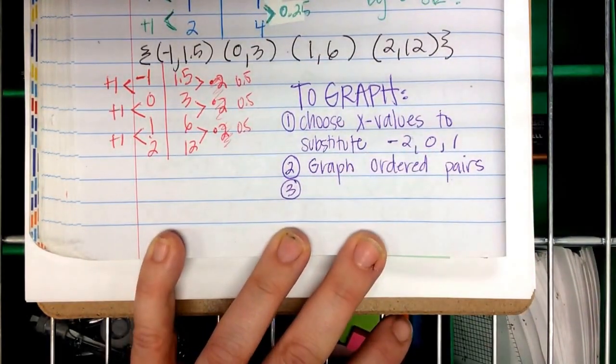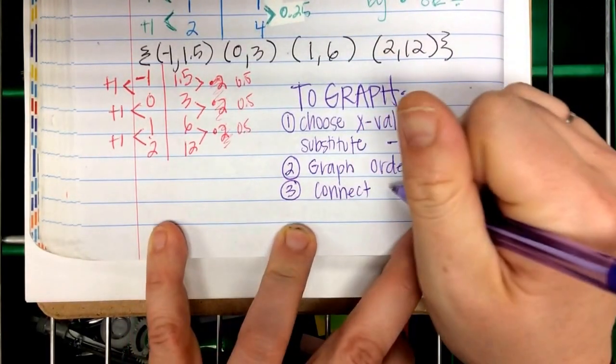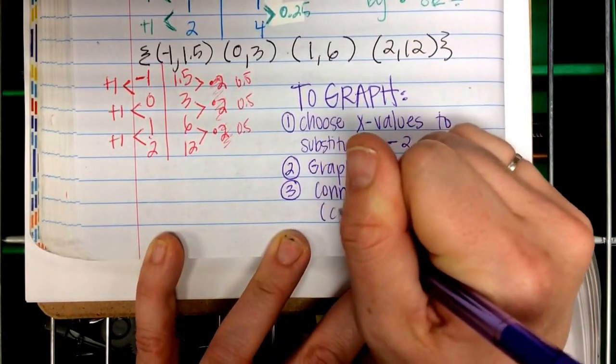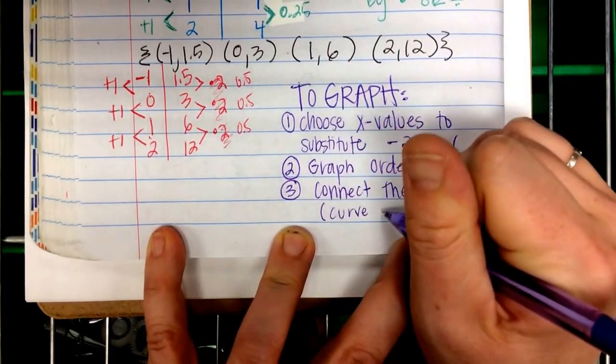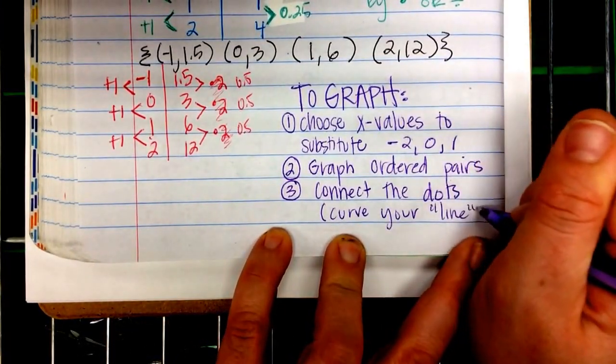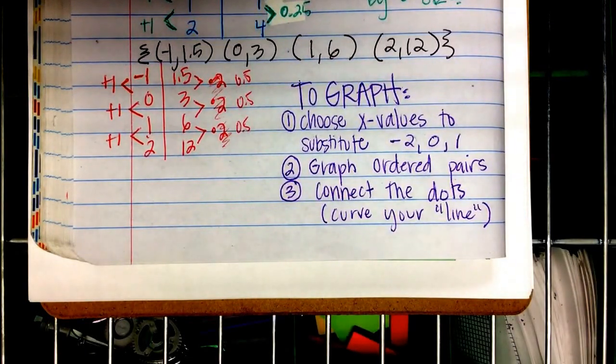And then you just connect the dots. Ladies and gentlemen, you're going to have to still curve your line. It's not going to be straight. This is a non-linear graph. You're going to have to be a little artistic.